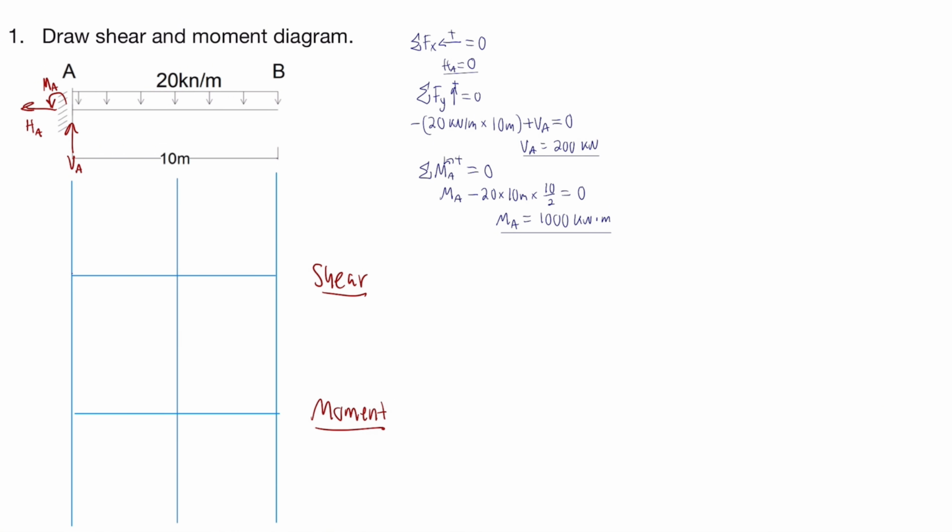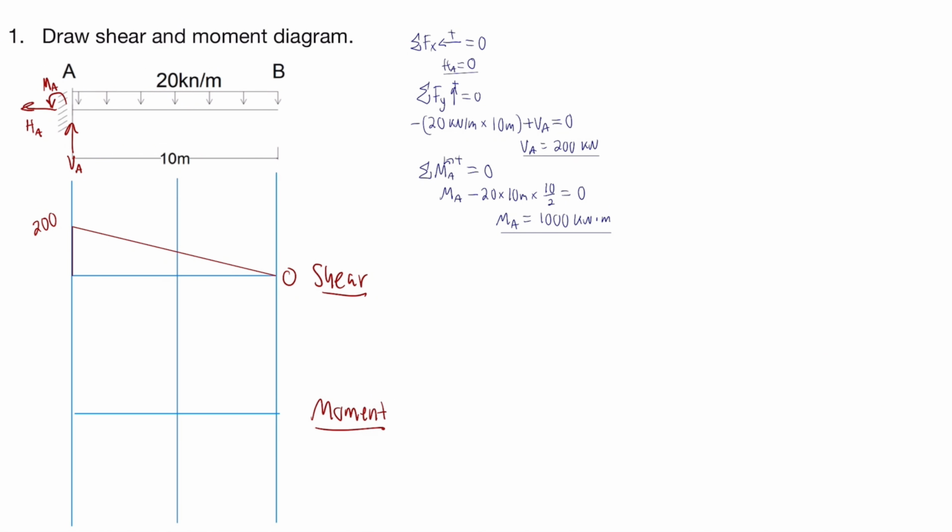So we will go up positive 200. Now we have the distributed load. As we mentioned before, since this is constant, it will go down linearly. So we do 20 times the 10 meters, that's 200. So we are at 200, so we go down to 0. And that is all the shear that we include in the shear diagram.